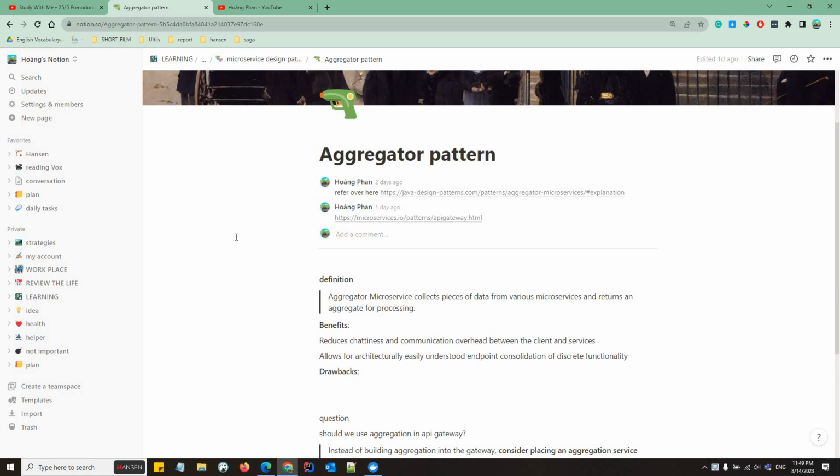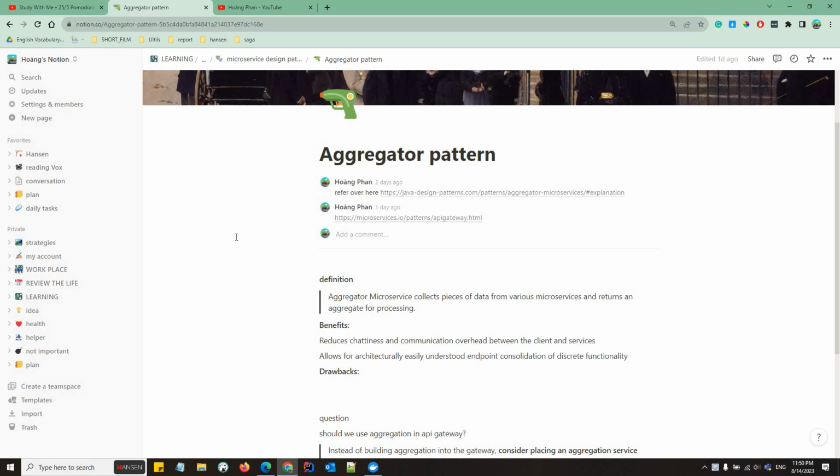When one client wants to get the information from two or three databases, three microservices, they need to call two or three APIs, and that's not good because the network delay between the client and server is really high.